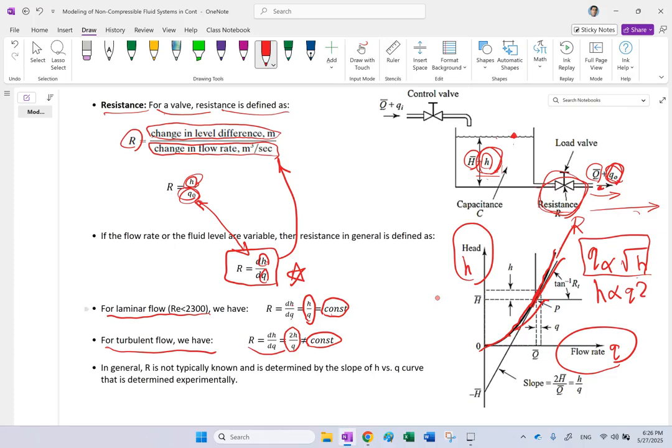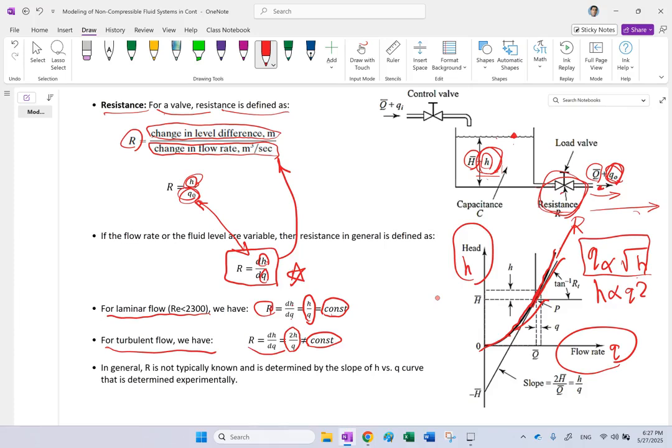and we can define the resistance. Now, in general, this resistance, whether constant or not, depends on what? What parameters in this valve determine the resistance? Well, that's the shape of the valve, right? There are all sorts of different valves that we have, from gate valve, globe valve, butterfly valve, needle valve. There are all sorts of valves.